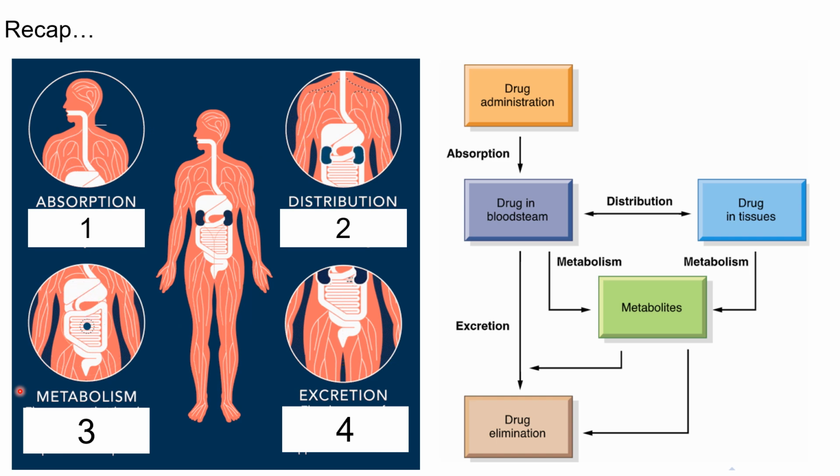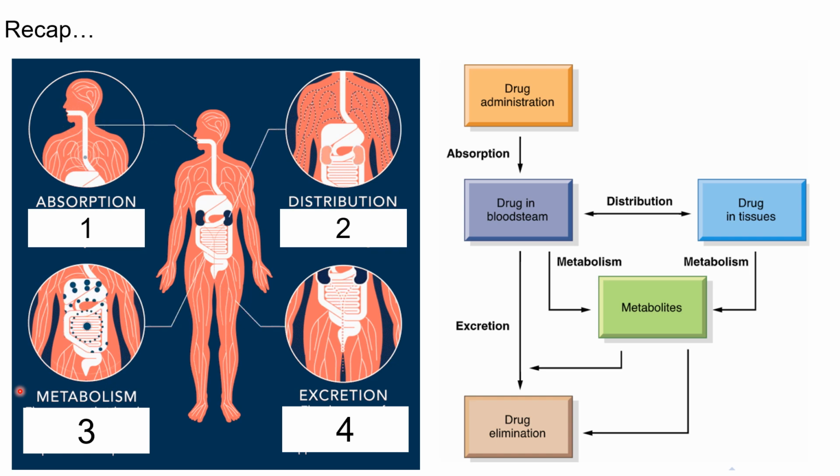The third one is metabolism. Drug metabolism is the biotransformation of a drug by organs or tissues, most importantly including the liver, kidney, skin, or digestive tract, so that the drug can be excreted.